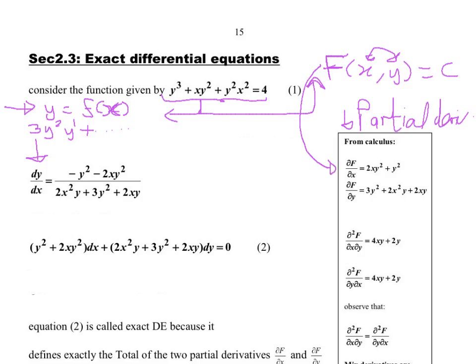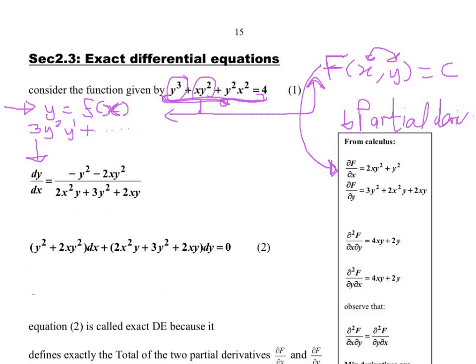So we can do a partial derivative with respect to x, and a partial derivative with respect to x means we differentiate with respect to x, assuming y is constant. For example, if we want to differentiate this with respect to x, then the derivative of this part is equal to 0, because it's y only, it's a constant.